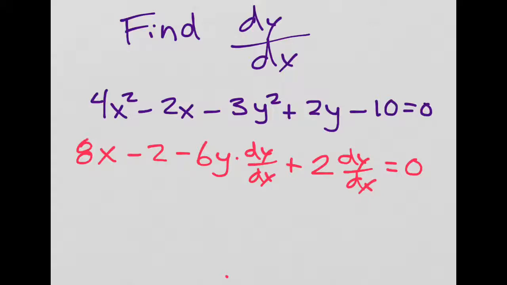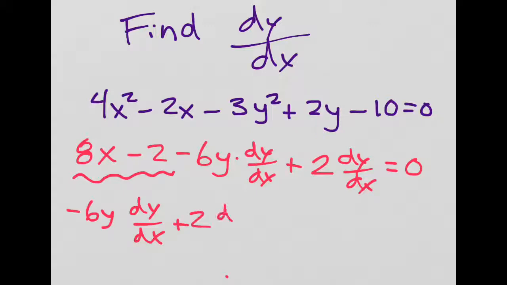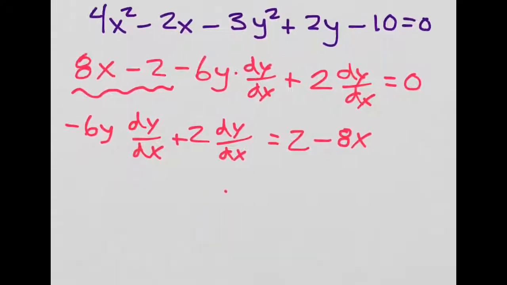And so we need to move all our non-dy/dx terms to the other side. So we're going to want to move this stuff over. So we're going to end up with negative 6y dy/dx plus 2 dy/dx equals, I'm going to add 2 and subtract that 8x just like that.